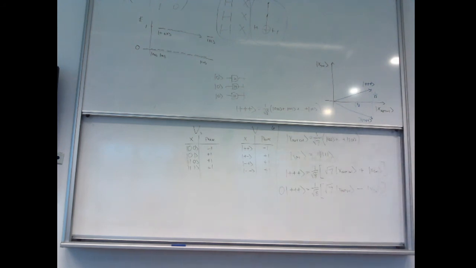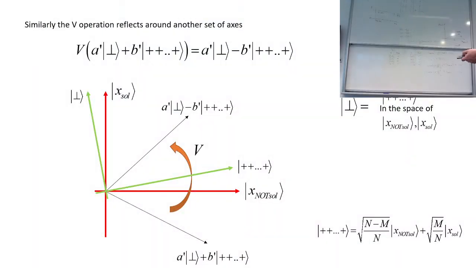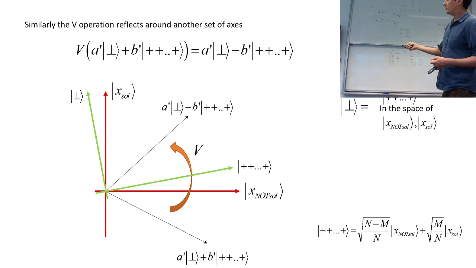What the V operator should do is actually to again reflect it around actually this axis, which is this plus. So for any state over here, it will reflect it and make it another state which is on this positive side.